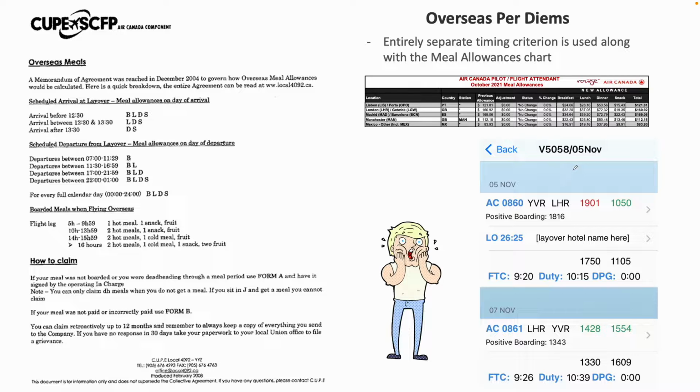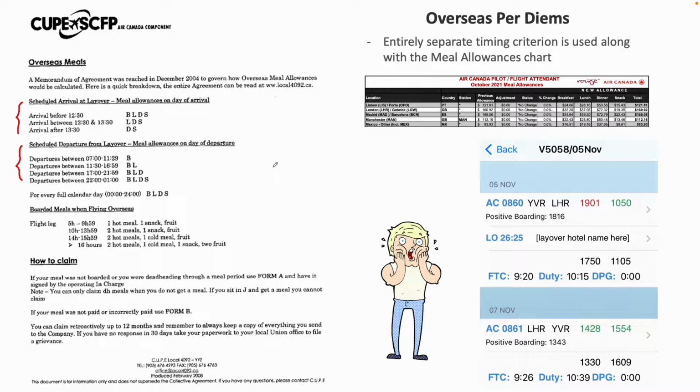On that note, let's look at the overseas meals portion of the Mystery of Meals. There are several key components to this page. We have scheduled arrival at layover, meal allowances on day of arrival, and scheduled departure from layover, meal allowances on day of departure.